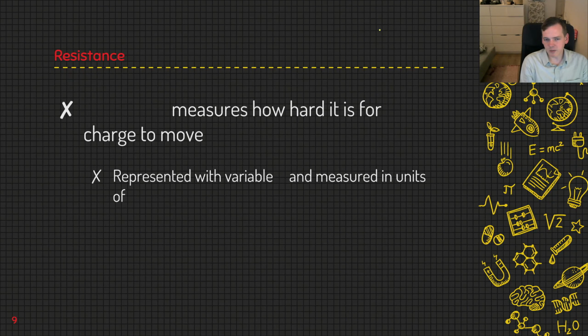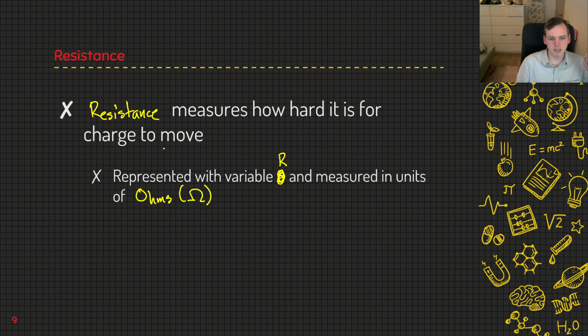And then the last term that we want to talk about here is resistance. Resistance measures how hard it is for charge to move. It's represented with the variable R, and it has the unit of ohms, which uses an uppercase omega as the symbol.